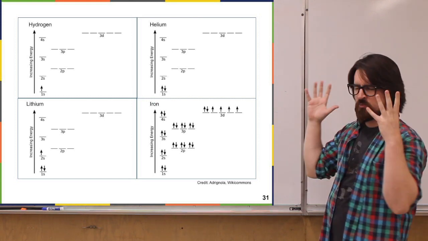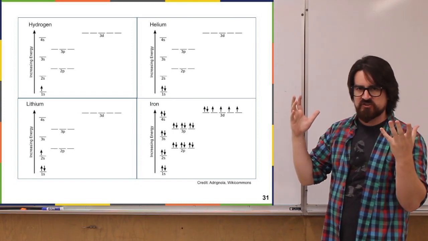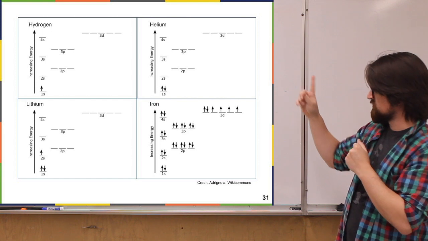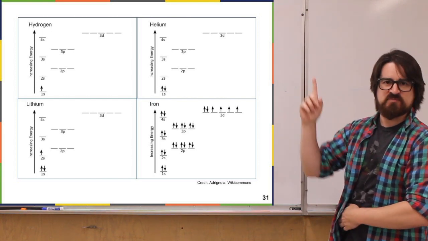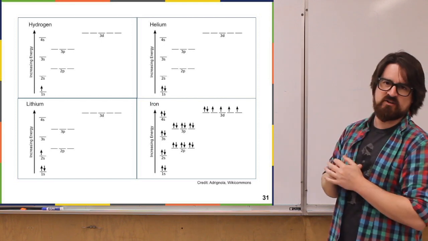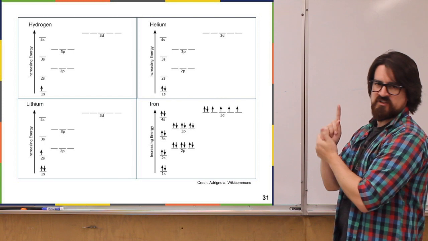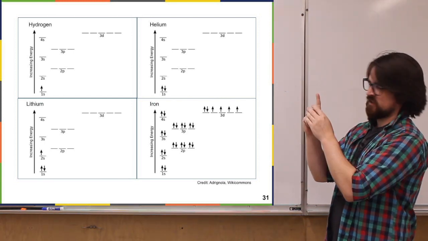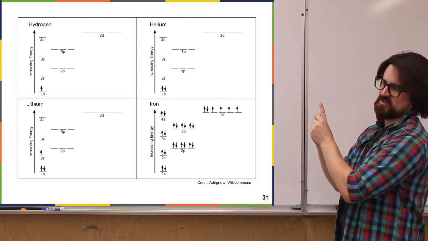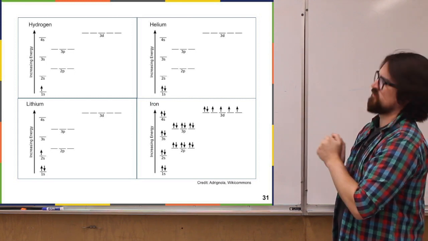So this is another way of picturing how you build up these atoms, where you're filling these shells with electrons. Each of these little arrows represents an electron, where pointing upwards is a spin up electron, pointing down is a spin down electron. Hydrogen just has the one electron, so put it in there, might as well call it spin up. Helium, put another electron in there. It can't have the same quantum numbers as that first one, so the only option is that it's spin down versus the first one that was spin up.